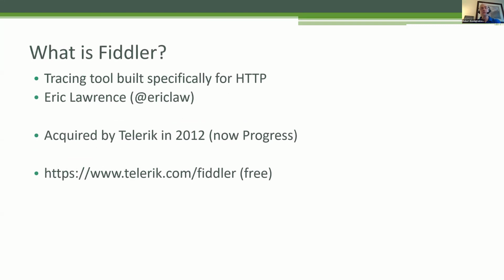So what is Fiddler? Fiddler is a tracing tool that was built specifically for HTTP, and it was made by Eric Lawrence. Eric was working at Microsoft, and he worked on the clip art team. People would pay to download clip art, and then they would have some issues. They would try to reach his support team, and there's no good way to troubleshoot. Back then, Netmon was probably one of the more popular tools.